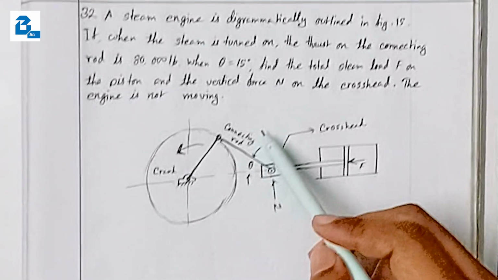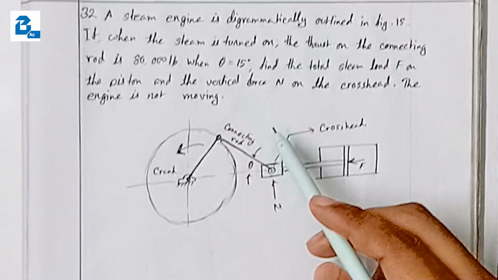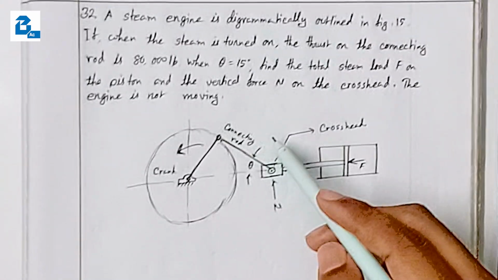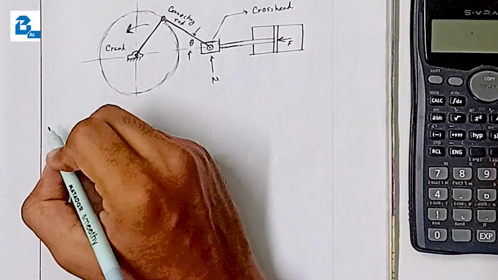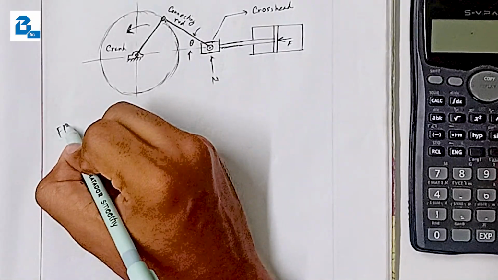So from Newton's third law, we can say that every force has an opposite and equal reaction. From that, we can draw a free body diagram like this.